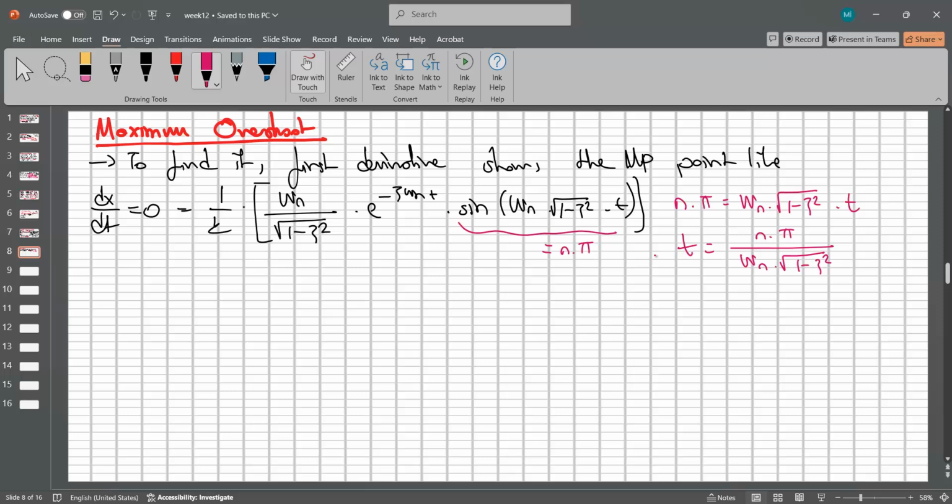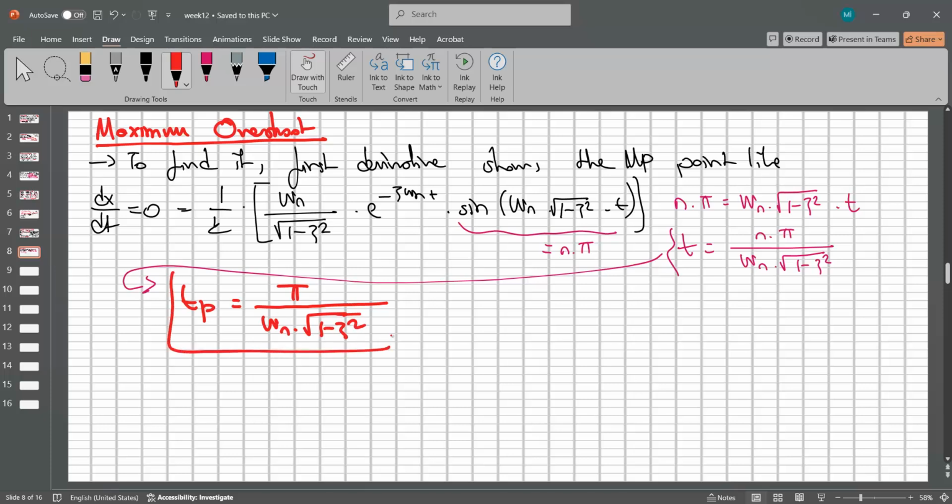But if we are looking for the first point, which is equal to 0, then this n must be equal to 1. Yes. And so this is called the t peak, which is equal to pi divided by wn times the square root of 1 minus zeta square. See?